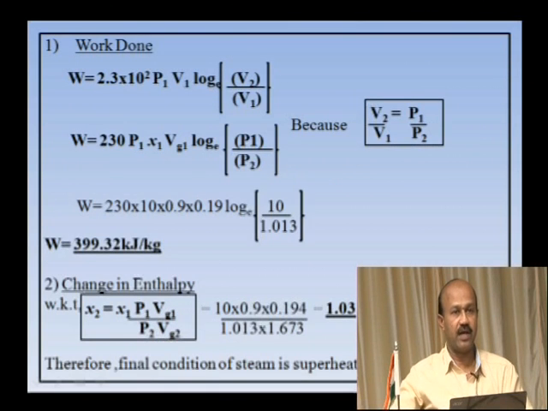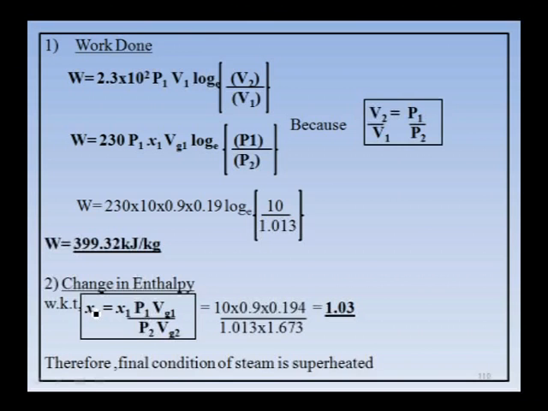This is a hyperbolic law, P1 V1 is equal to P2 V2. Expanding, P1 x1 Vg1 is equal to P2 x2 Vg2. In this relation, in a hyperbolic law, the final dryness fraction x2 becomes x1 P1 Vg1 divided by P2 Vg2.